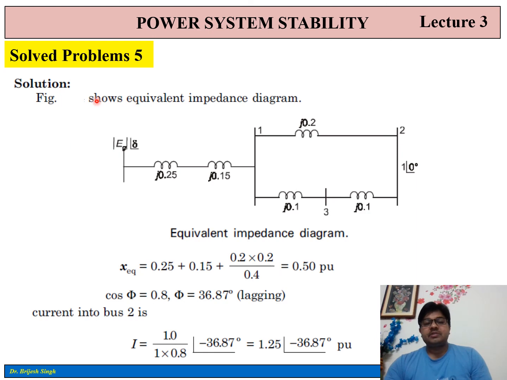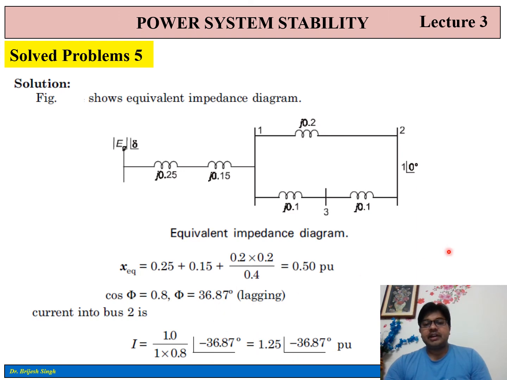For solving this problem, firstly we will find the impedance diagram of the entire system. Once you get the impedance diagram, the x equivalent of the system is this per unit. Now cos phi is given here and phi is this one. So current into bus number 2 is 1 upon 1 into 0.8 angle this one.